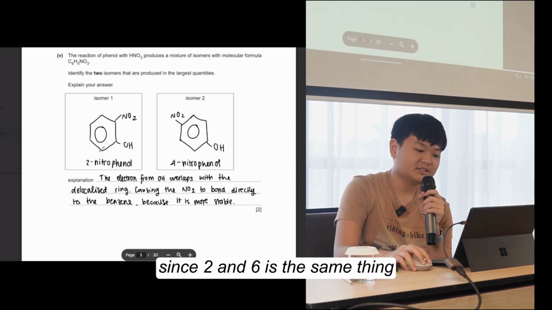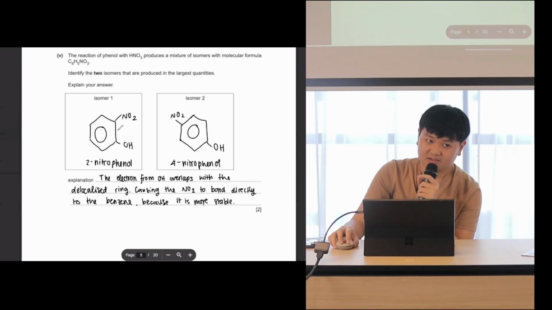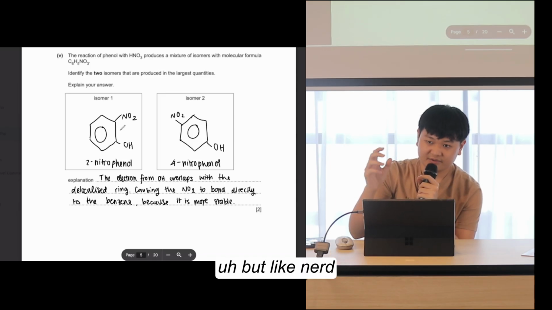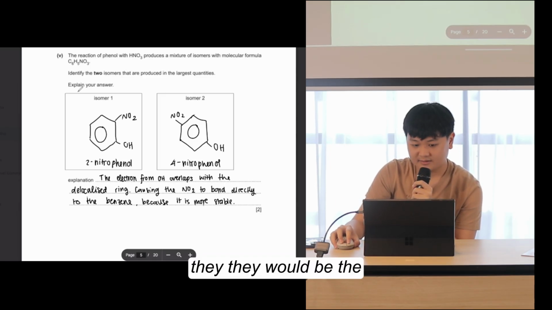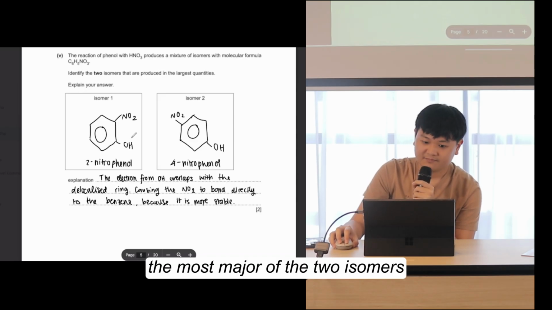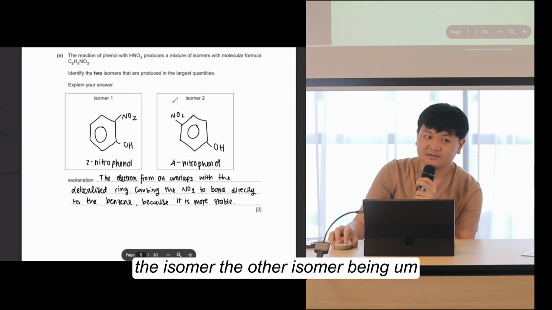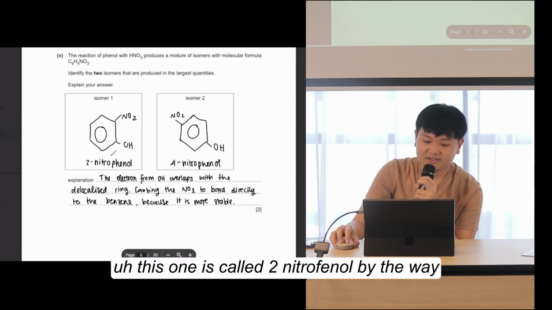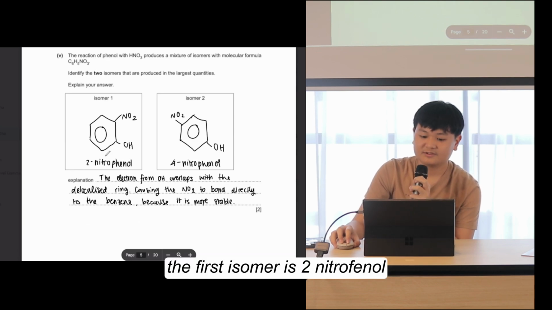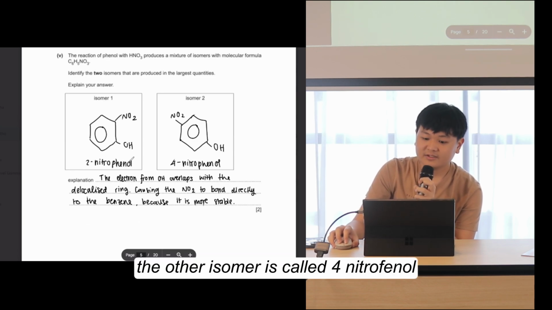Since 2 and 6 are the same thing, but mirrored, they would be the most major of the two isomers. The first isomer is called 2-nitrophenol. The other isomer is called 4-nitrophenol.